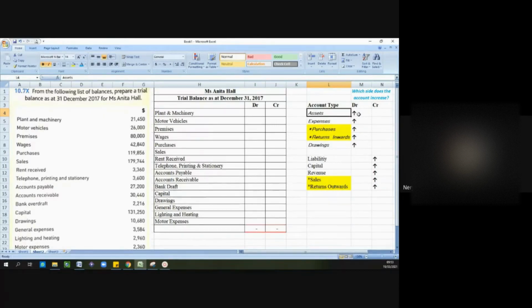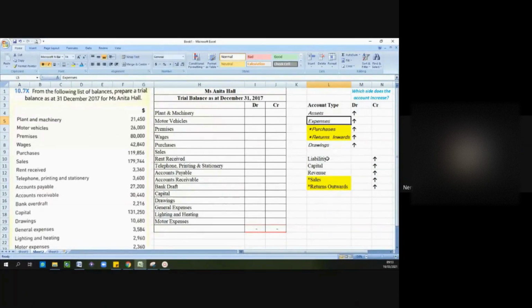If you take any expense account, any of the previous expense accounts that we have done in this class, or 10.4 or 10.5, perhaps you can look at those, you should know that the expense account increases on the debit side, and you would notice that that particular expense will have the balance brought down on the debit side, okay?